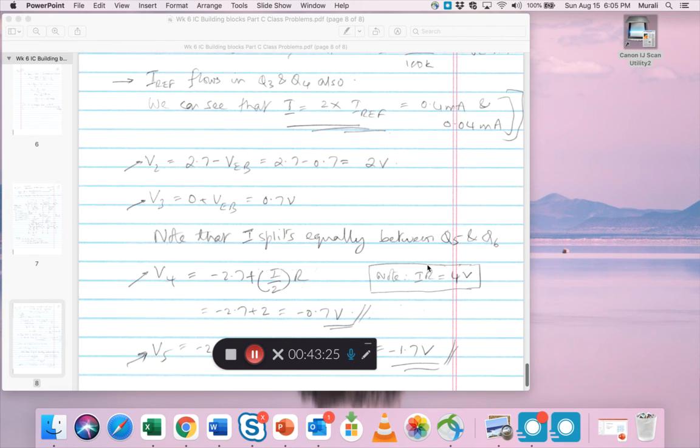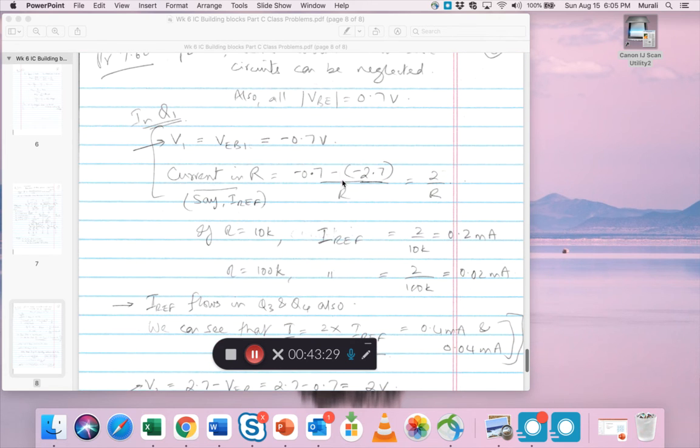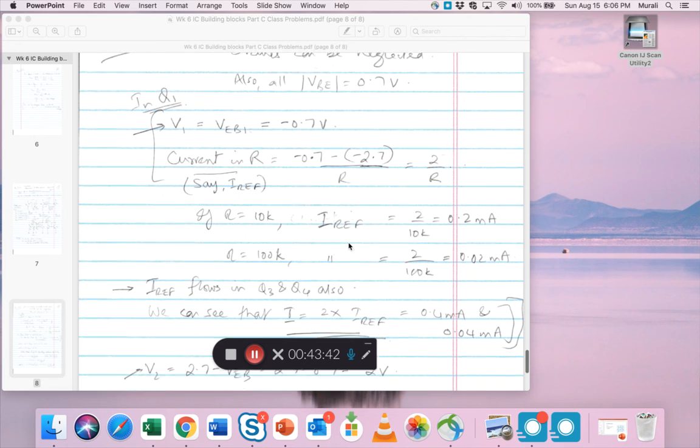In either case, one thing to remember is that the product of I and R is 4 volts, because you take this I and multiply by R. This is I reference, right?